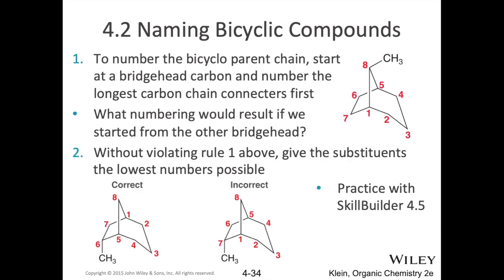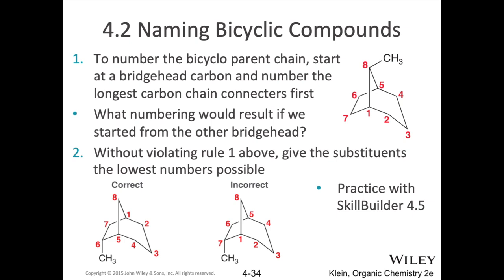Okay, so that's how you name the parent chain, so to speak, of your bicyclic system. Now, you can still have substituents on this, just like you could on any other alkane, and how you name them is kind of the same thing. You just list your substituents in alphabetical order and assign a locant to them. Now, how do we assign locants in our bicyclic compound?